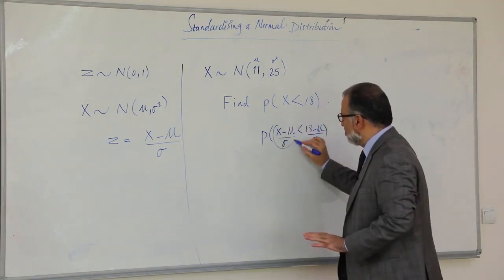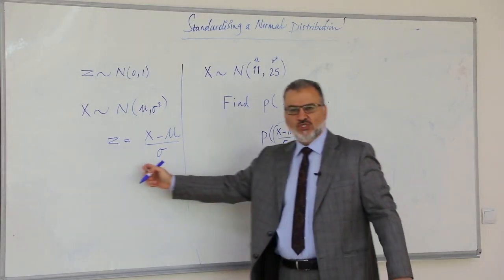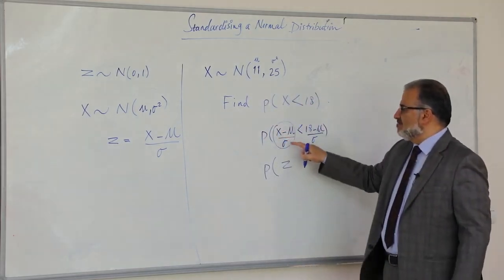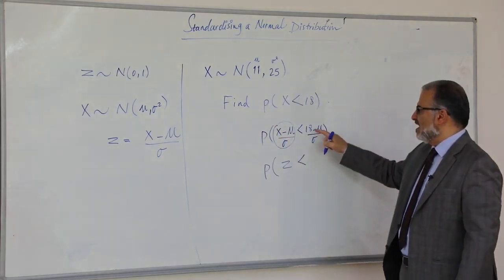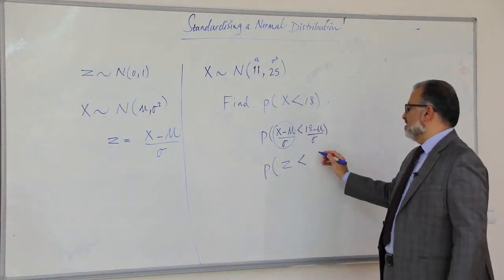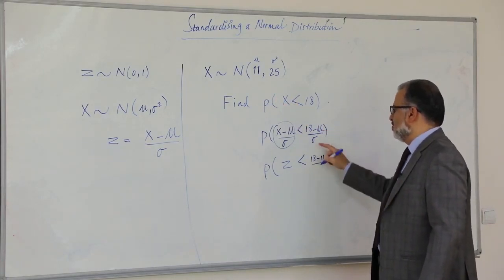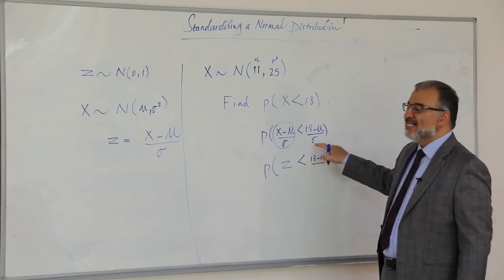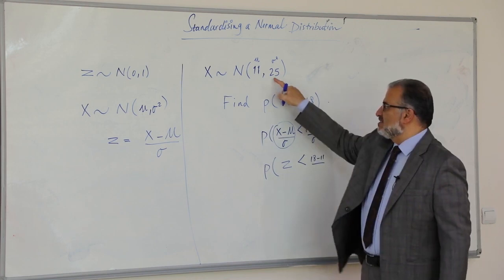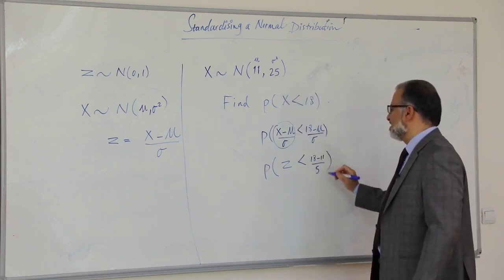What is this now? This is nothing but z, according to that definition: z equals x minus mu over sigma, less than 18 minus 11 over sigma. Sigma is the square root of the variance. This is 25, so the square root is 5, exactly.